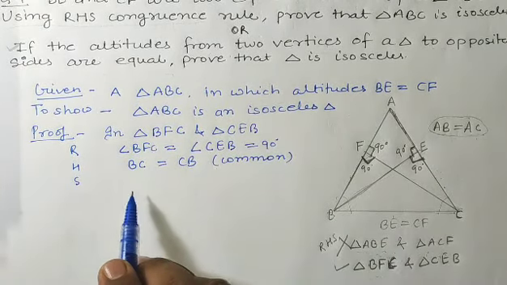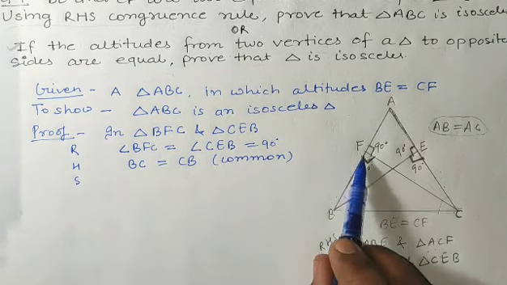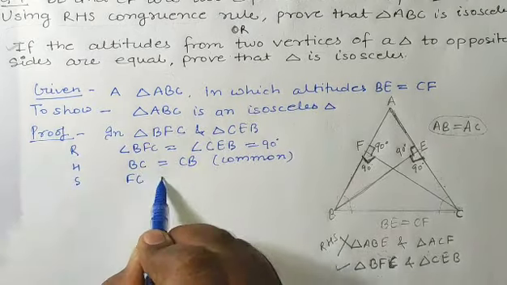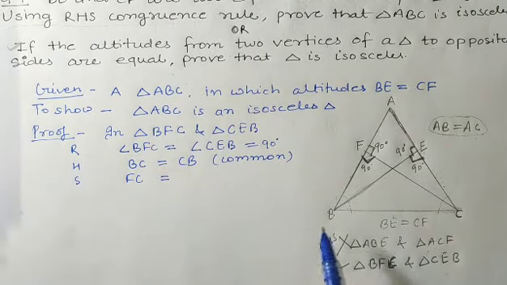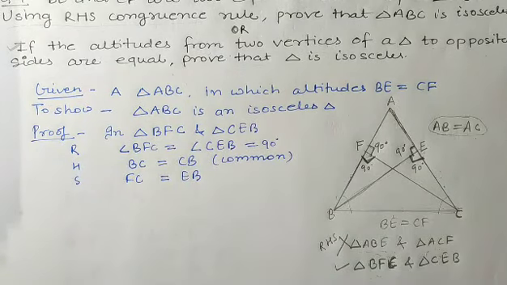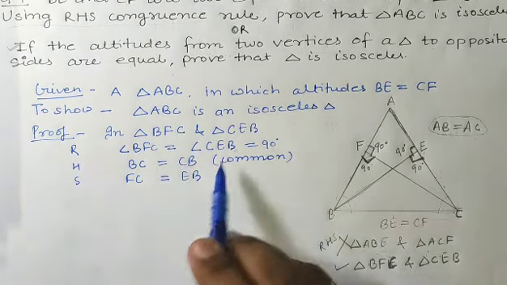And for the side, we take FC of the first triangle equal to EB of the second triangle. FC is equal to EB.